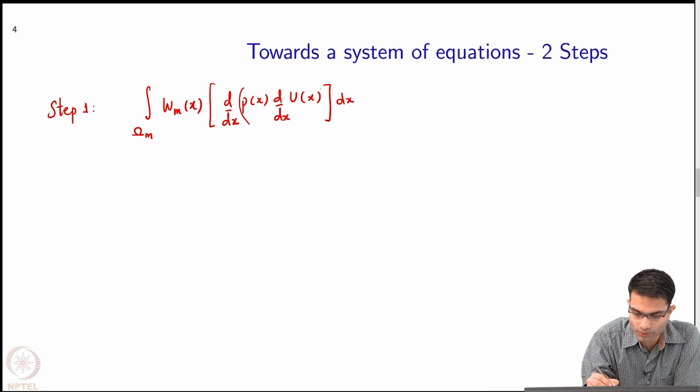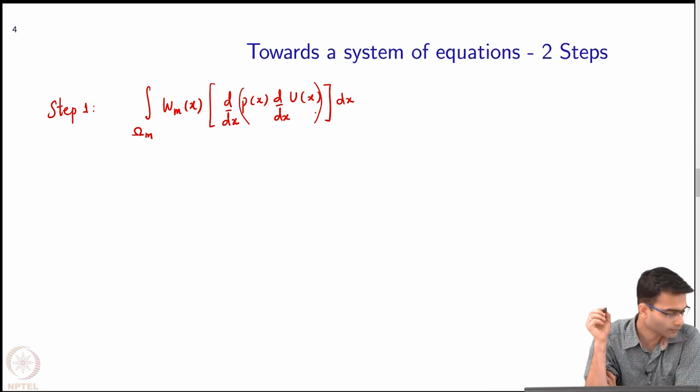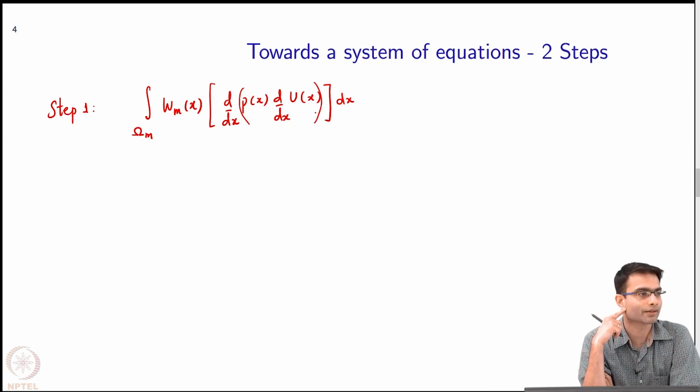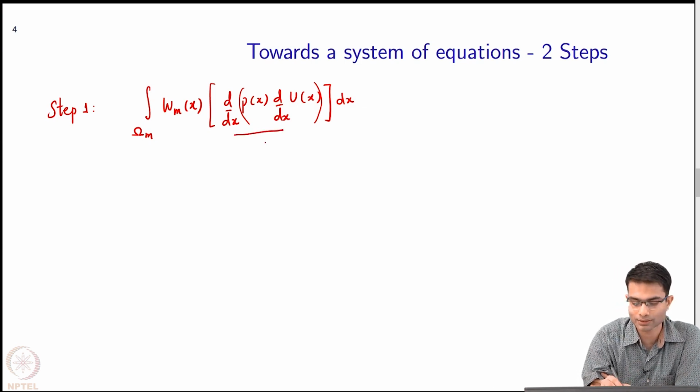So, it is d by dx of this whole thing. Is there any trick that comes to mind? What about integration by parts? If I do integration by parts, I have to integrate one function and I already have the differential inside there. So, this seems to be tailor made for integration by parts with this as the first function and this as the second.